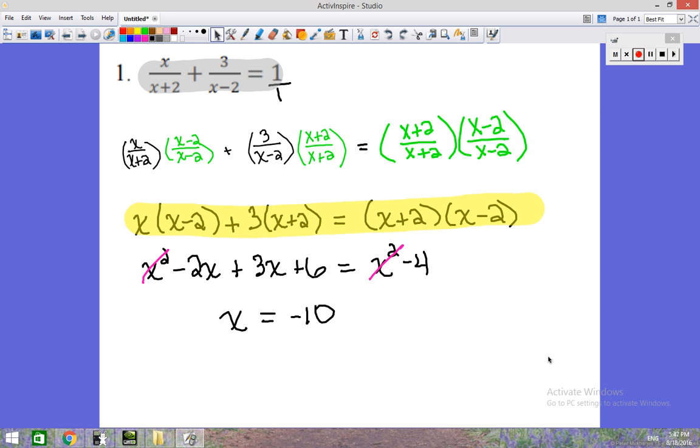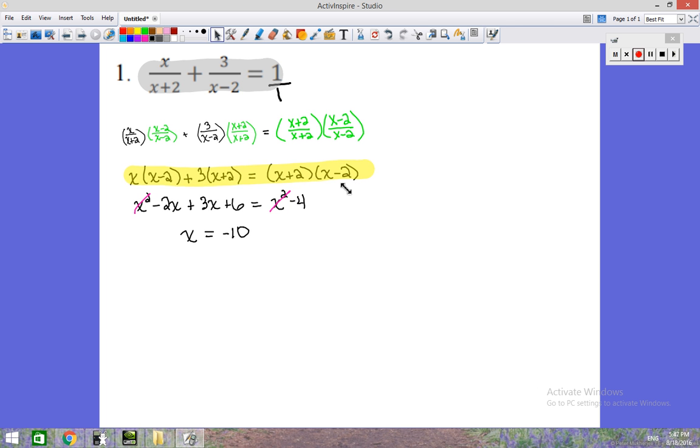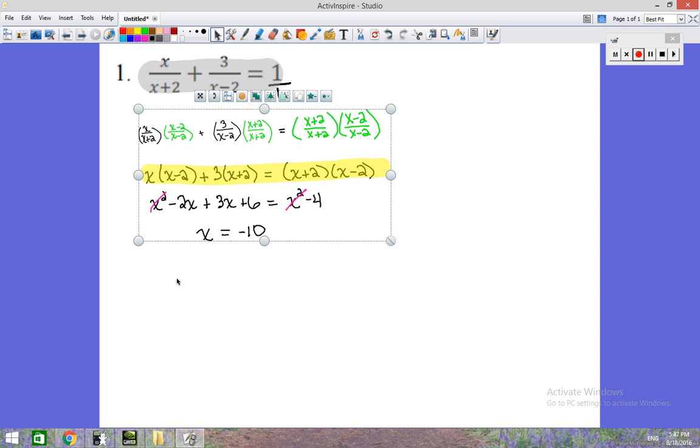So our technique forces us to check our answer. It's probably a good idea to check our answers anyway for arithmetic error, but this is required. It's a technique of the solution.